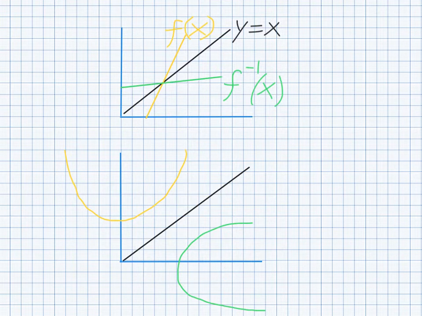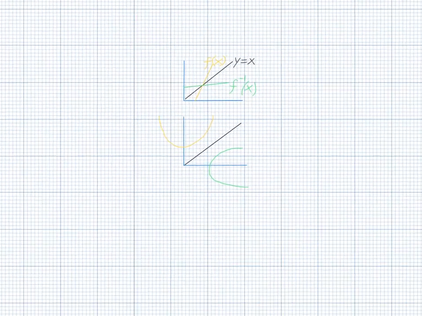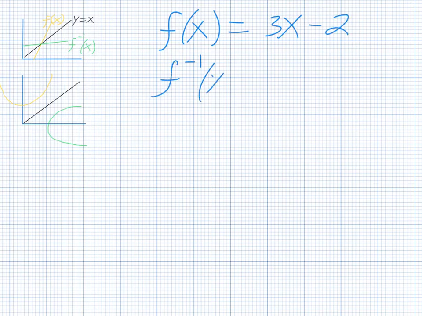All right, so let's look at an example of how we can determine inverses of functions. Let's say we have the function f of x is equal to 3x minus 2, and we want to find the inverse, which is f inverse of x.